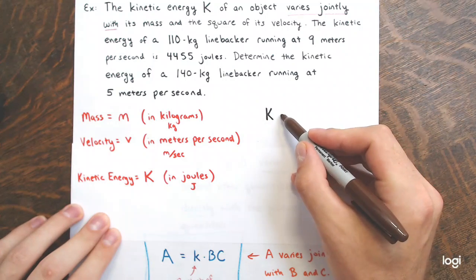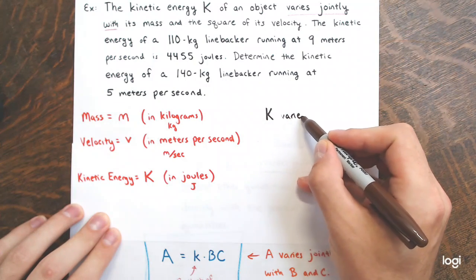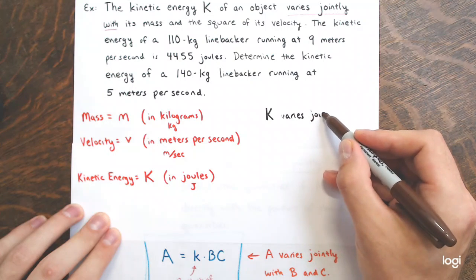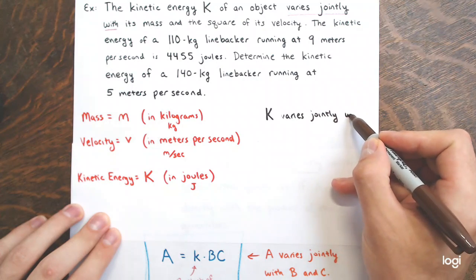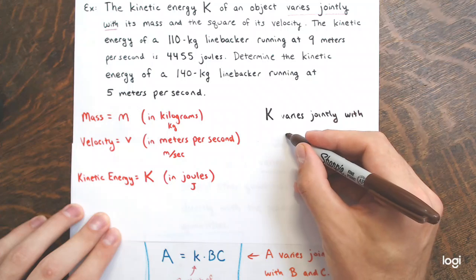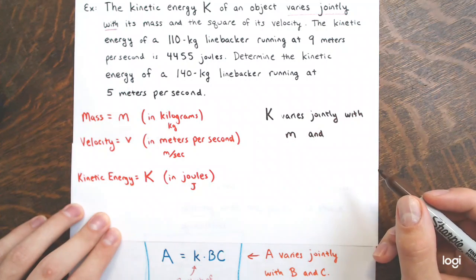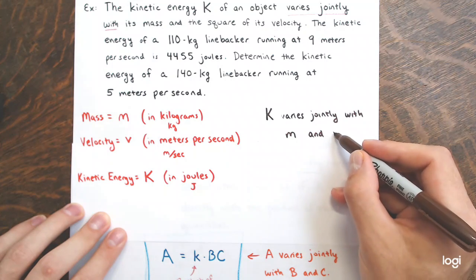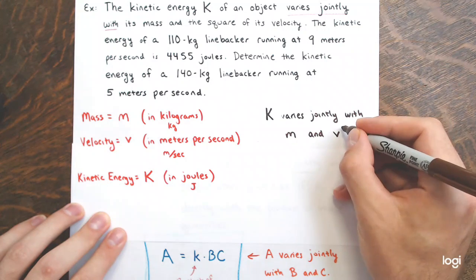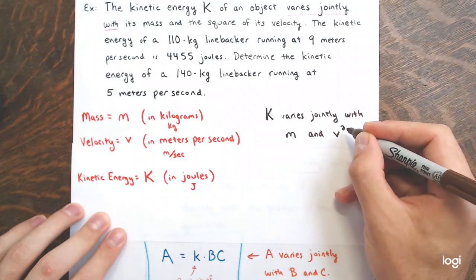The kinetic energy varies jointly with mass m and the square of its velocity. So not just the velocity v, but the square of its velocity, v squared.